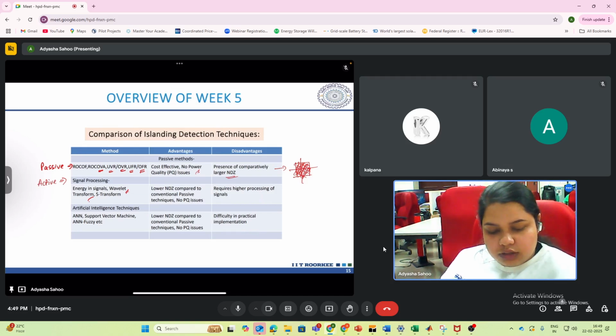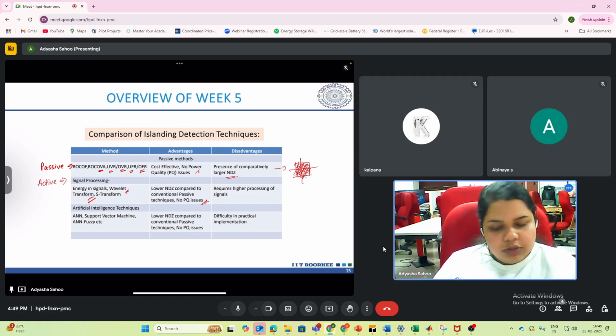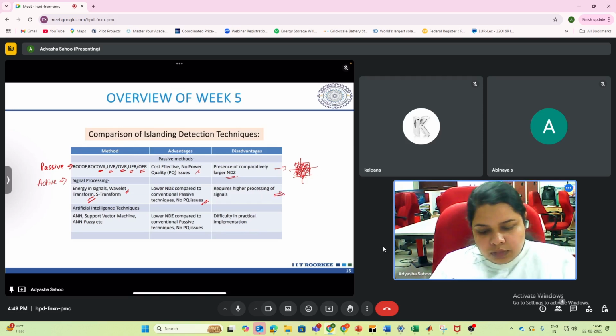The advantage is the lower non-detection zone, and there are no power quality issues because you are just analyzing the waveforms available at the PCC. You are not externally injecting any signals here. But the disadvantage is that it requires higher processing of the signals because you will be continuously monitoring the waveforms.